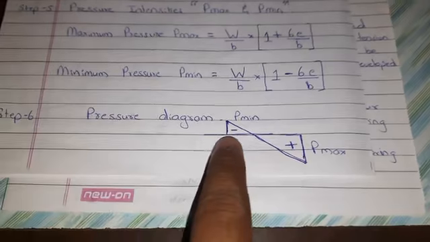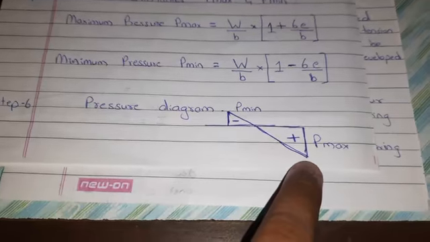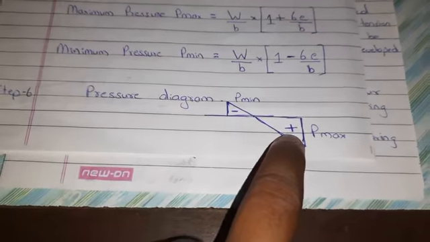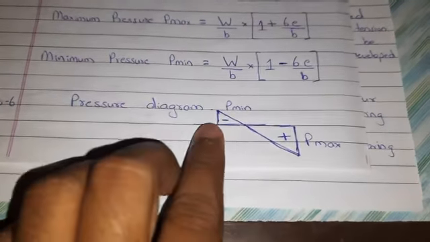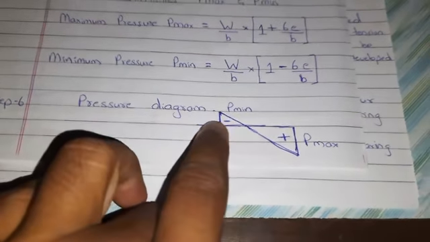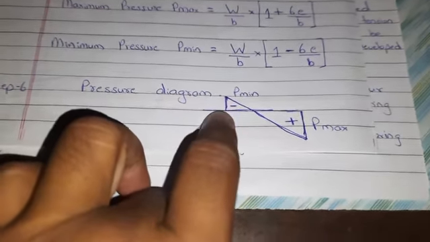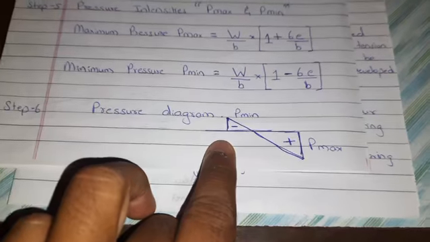This line is the neutral axis. The maximum intensity is denoted by a plus symbol and lies below the neutral axis, and the minimum intensity is denoted by a minus symbol and lies above the neutral axis. When you draw the diagram, this completes your problem.